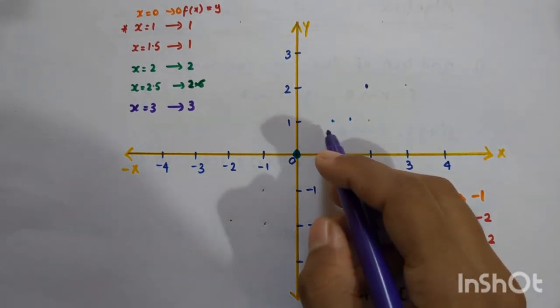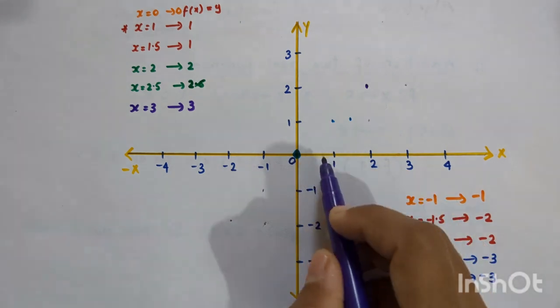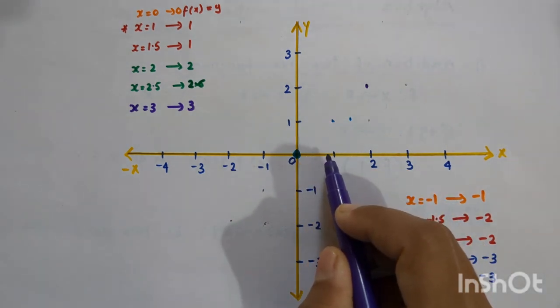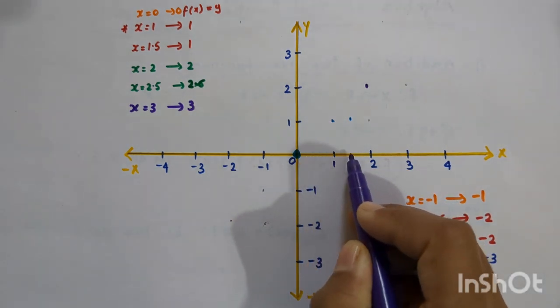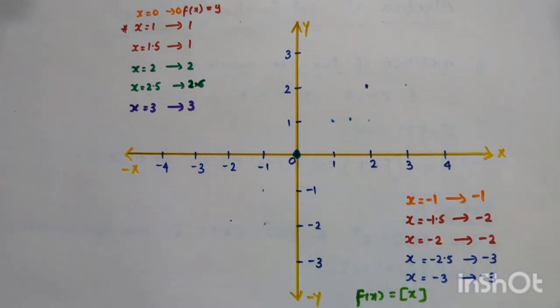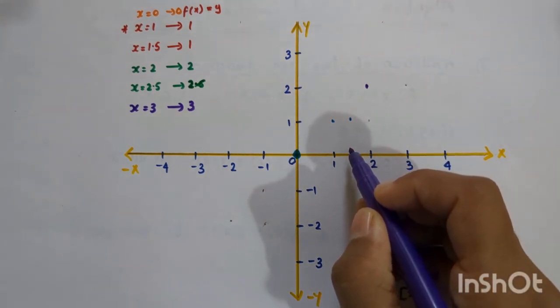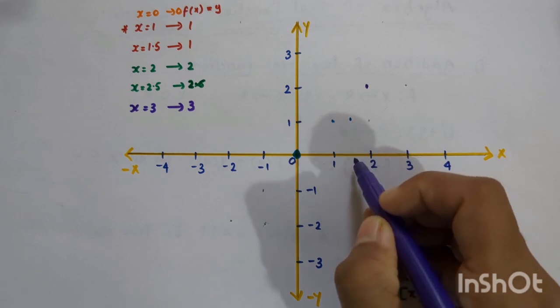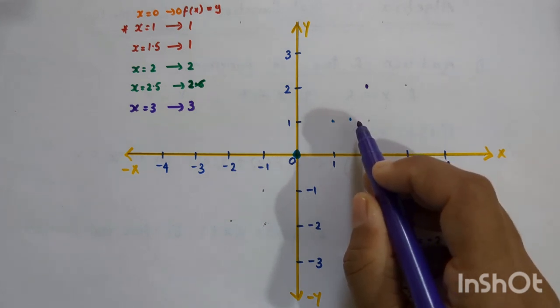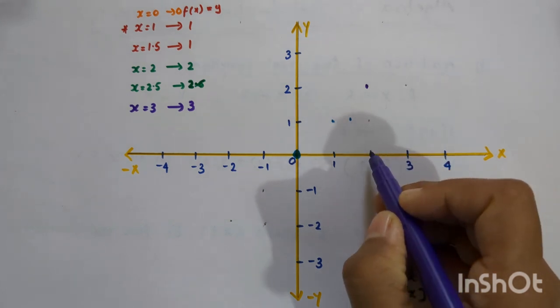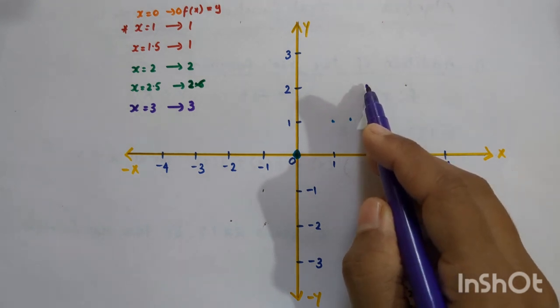That means, see, for x is equal to 1, y value will be 1. For x is equal to 1.5, it is 1. Similarly, for x is equal to 1.6, you will get y as 1. X is equal to 1.7, you will get y as 1. That is still 1. At 2, you will have the y value or f of x value as 2.